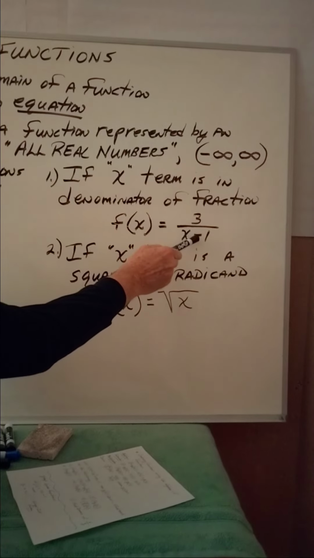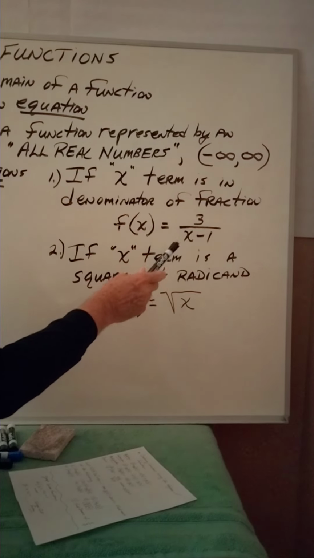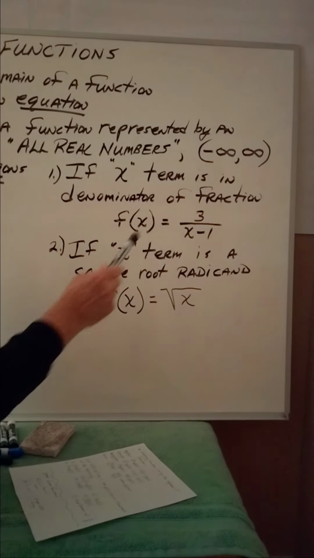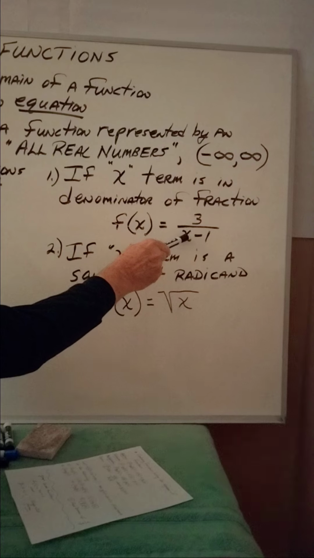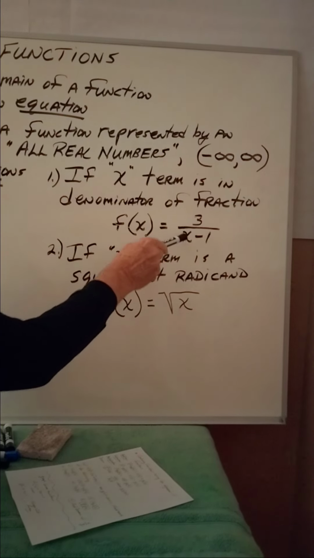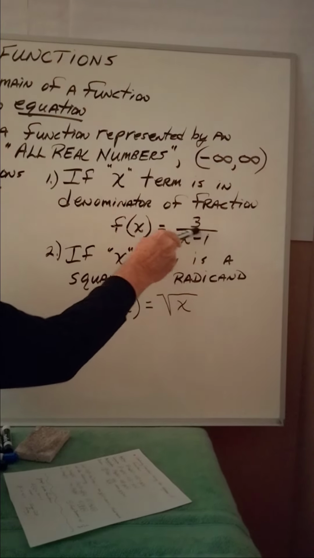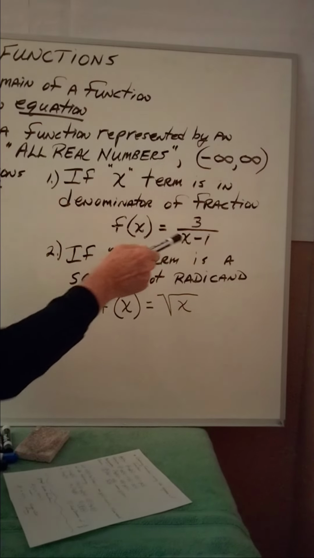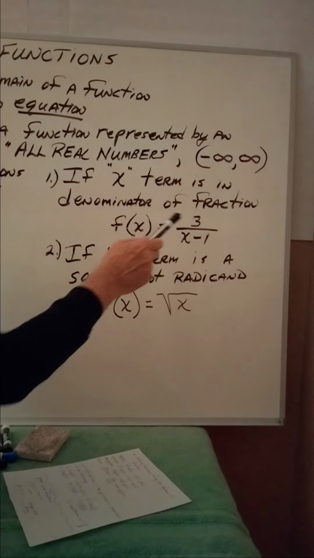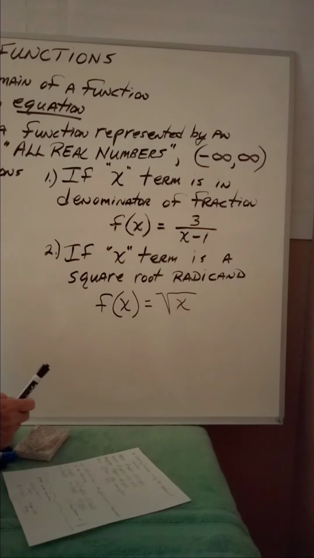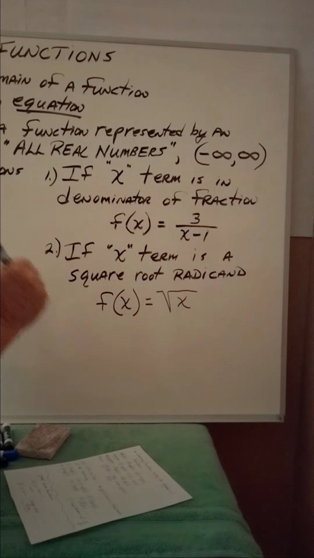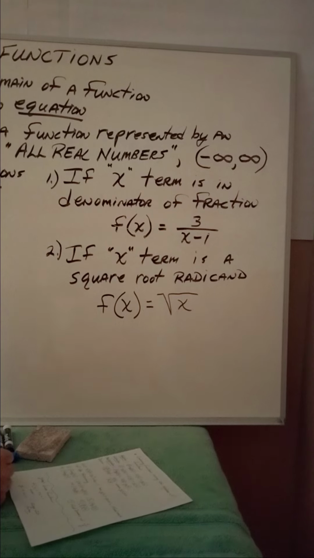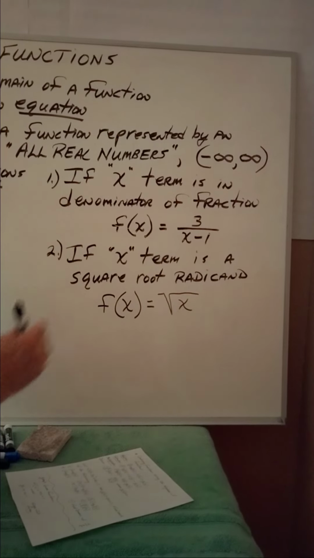Now, if the denominator contains an expression that includes the domain value of x, it is important to be able to identify the value of x that will cause this denominator to be undefined. And whatever that value is, that value must be rejected from the domain, from the set of values that would represent the domain.